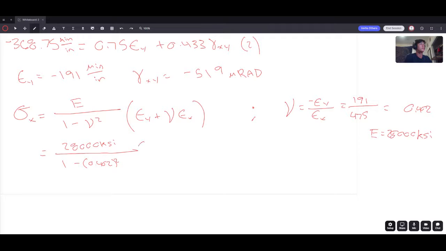Squared. Sigma y, 475 microinches per inch. Or no, sorry, that's wrong. Let me check my textbook, my notes.